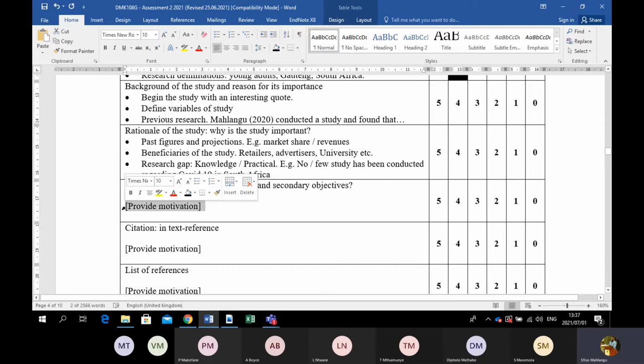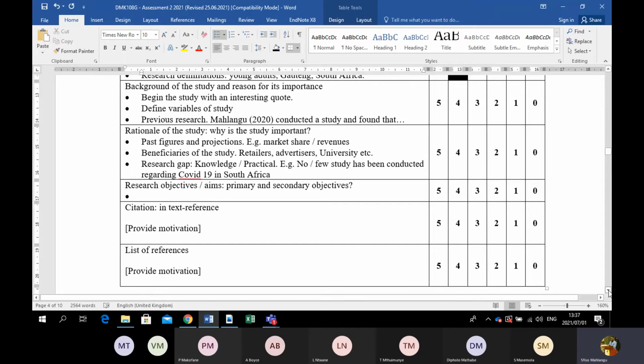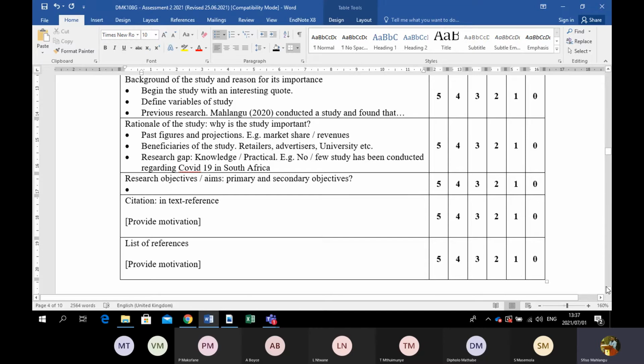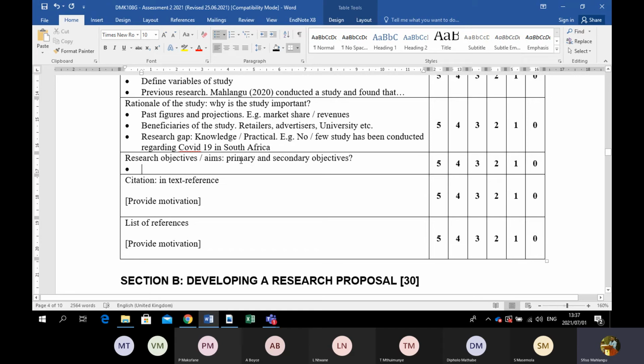Under research objectives, I'm just gonna share only 3 items that I know are most important here. So under research objectives, we usually look for the structure of the objectives. So firstly, it's primary and secondary objectives. Are they listed? Do they start with the word to?